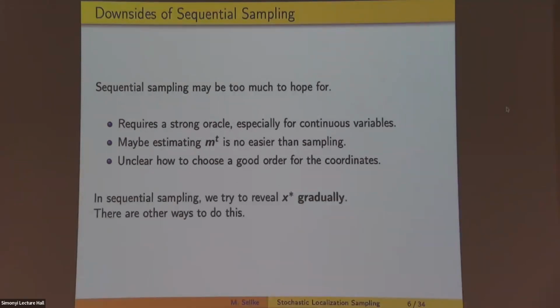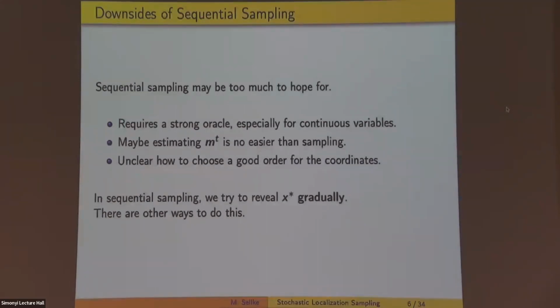But what I want to point out is that this is a different way of thinking about sampling from a distribution as compared to a Markov chain. In a Markov chain, you just take a random walk around. You expect the first steps to not matter at all in the future if you go long enough. Here I'm revealing information gradually, and any information I reveal is permanently there with me.